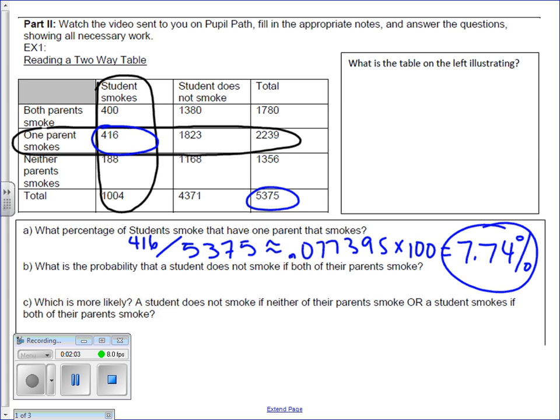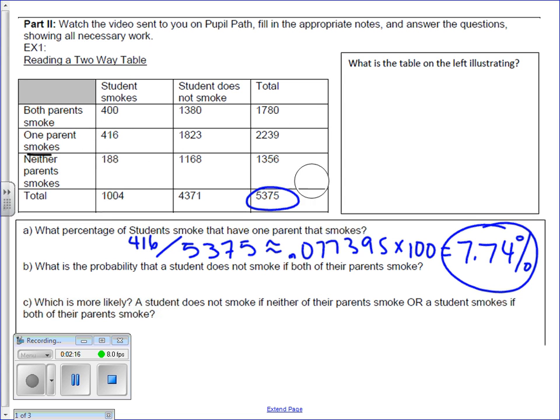Okay, let's try B. What is the probability that a student does not smoke if both of their parents smoke? Let's go back to the table. We want to look at students that do not smoke and have both parents that smoke. Students that do not smoke, so that would be this row, and both of their parents do smoke.